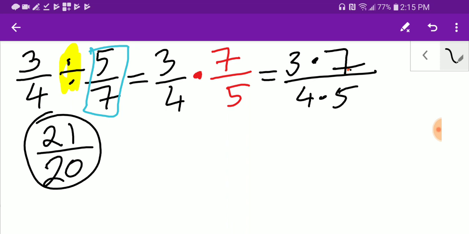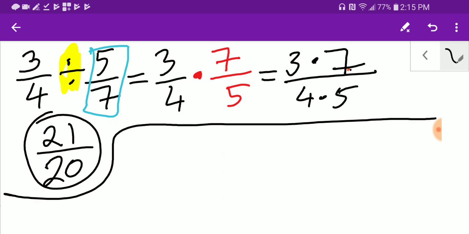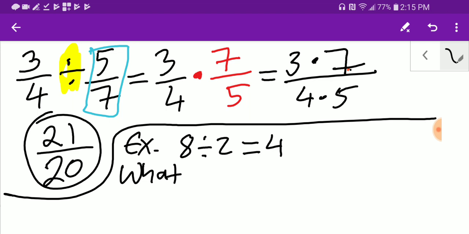The reason division changes to multiplication is the following. For example, if we say 8 divided by 2, most people know that that is 4. Now what if I ask you the following question: what is half of 8?